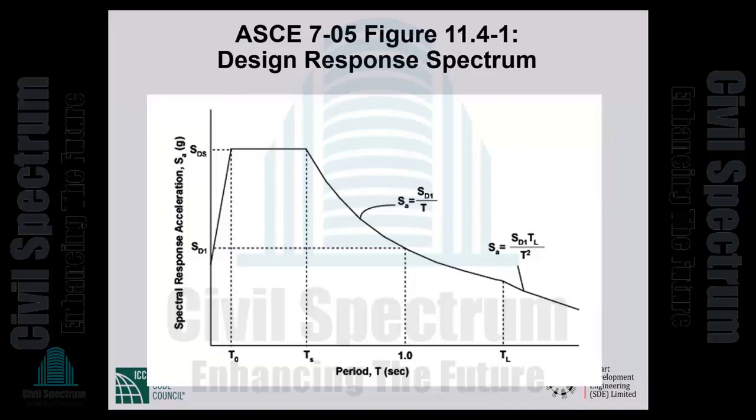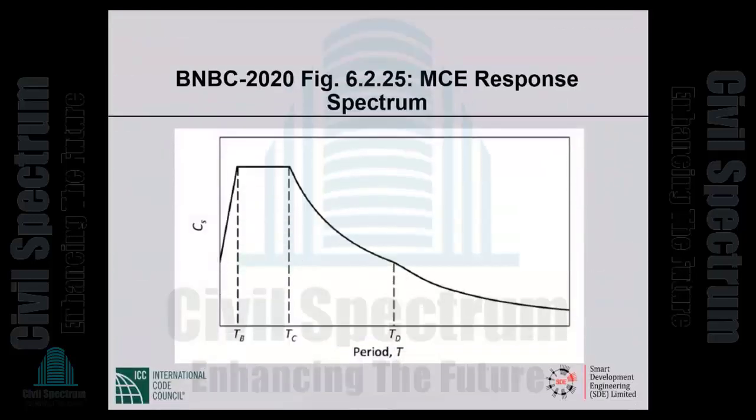In Bangladesh, the fixed value of T sub L is 2.0 second. Most of the time, you will stay with the first two branches, and those are defined by S sub DS and S sub D1, ordinates to the spectrum at 0.2 second and 1.0 second. The design spectrum of ASC 705, very, very important.